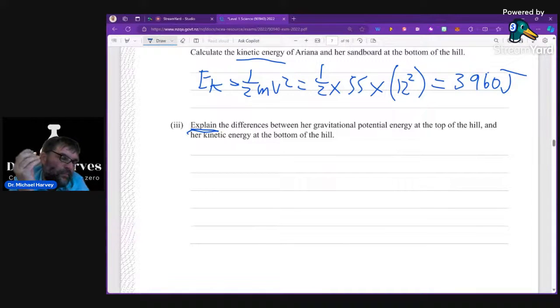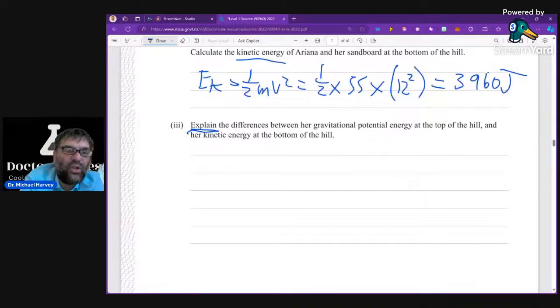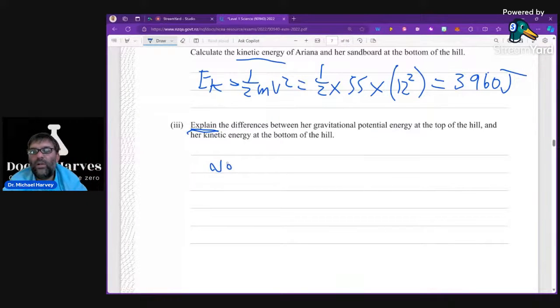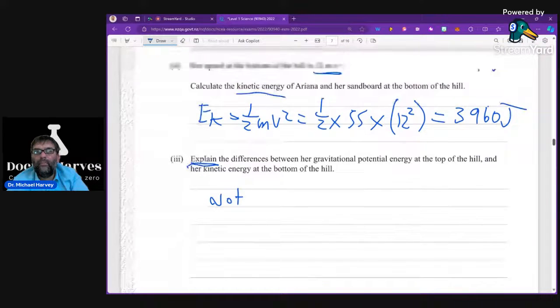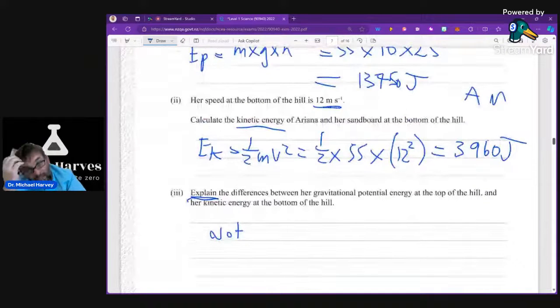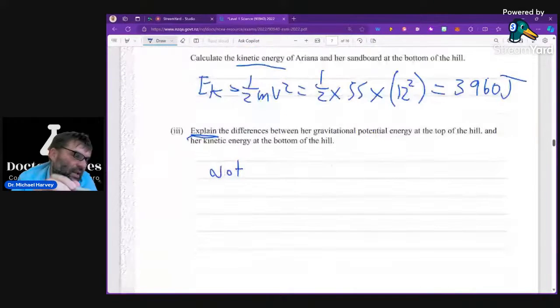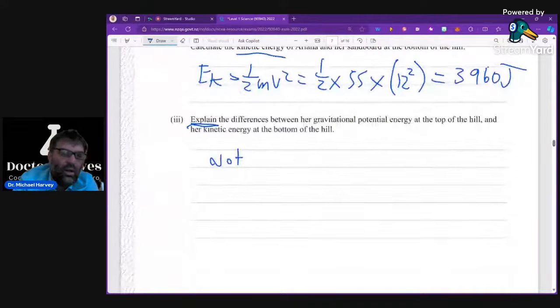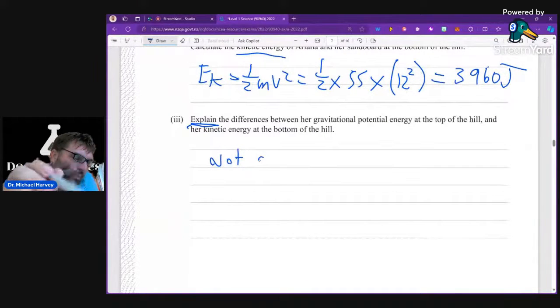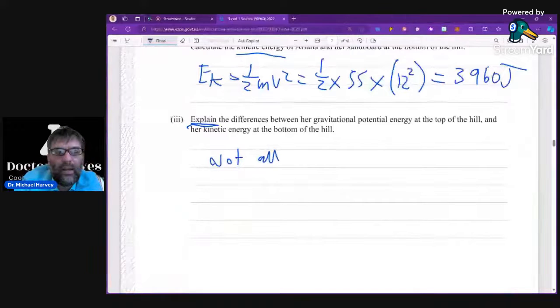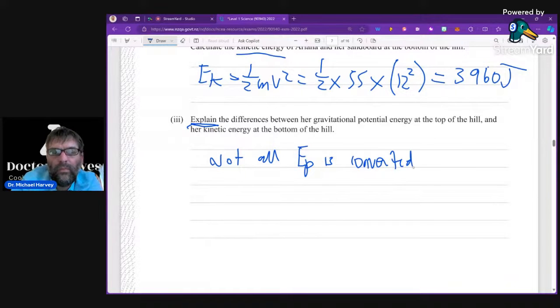Okay. So basically, as you can see from the numbers, 13,750 is the EP, and 3960 is the kinetic energy. So that basically is saying that not all potential energy is converted to the kinetic energy.